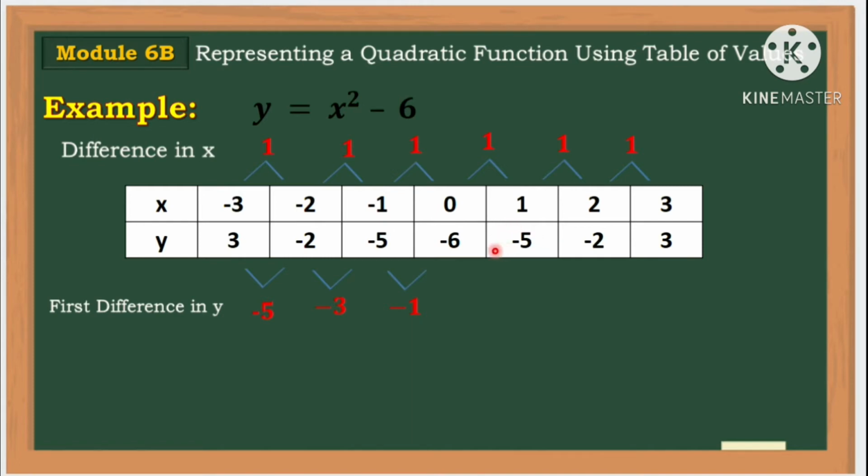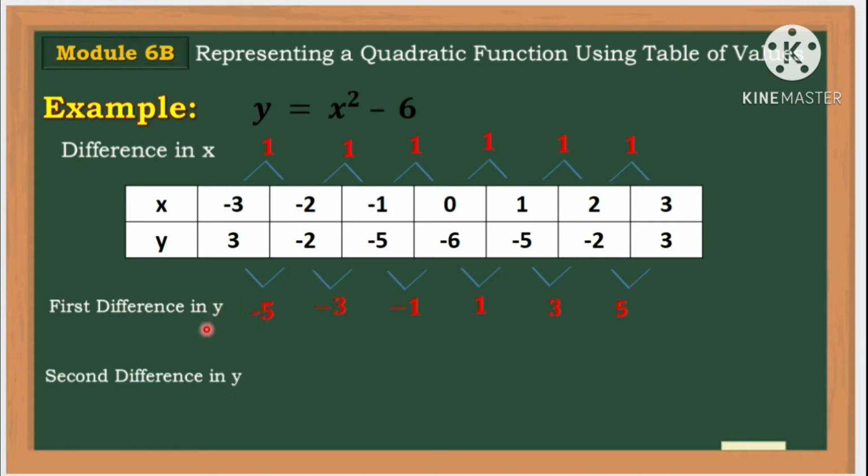Negative 5 minus negative 6 is equal to positive 1. Negative 3 minus negative 5 is equal to positive 3. Next, 3 minus negative 2 is equal to positive 5. So, the first difference in y ay hindi pare-parehas.